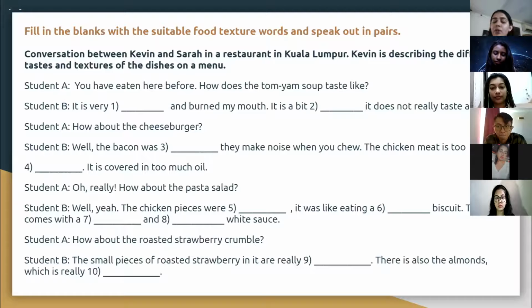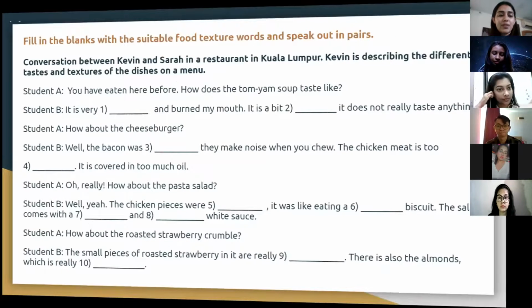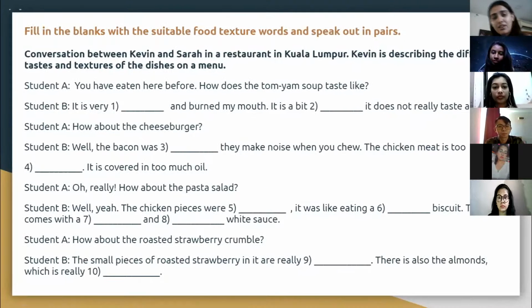Okay, so now we will discuss the answers that have been given. Can I see from the first group your answers, please? Okay, group 1, can I see your answers, please?